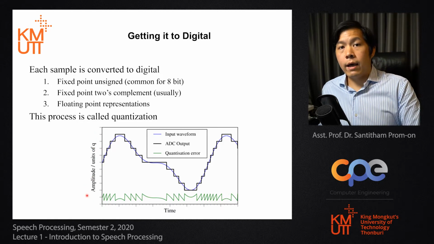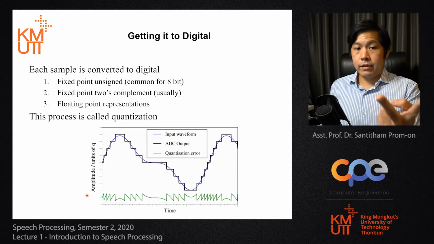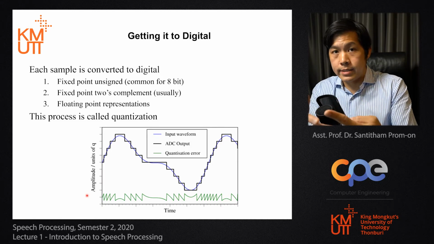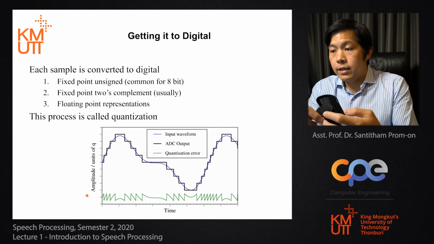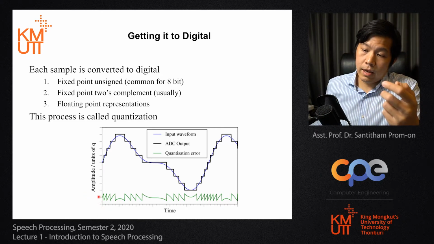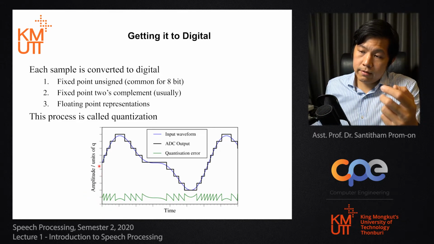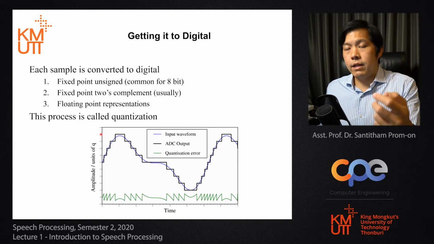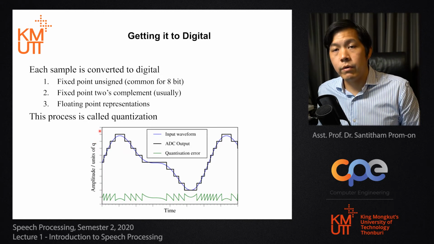So if you have 2-bit, you would have 4-level quantization. But for this one, how many levels? 1, 2, 3, 4, 5, 6, 7, 8, 9, 10, 11, about 11 or 12 levels.